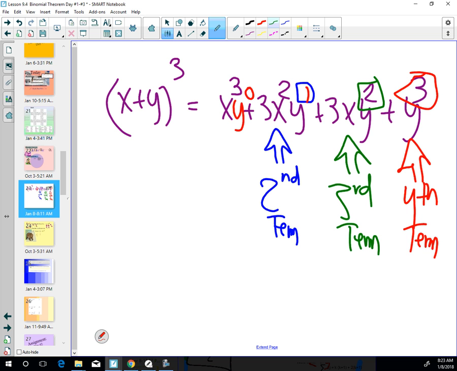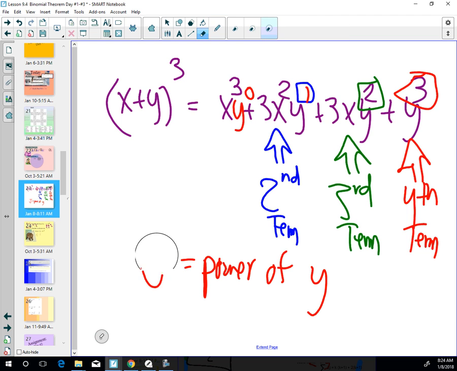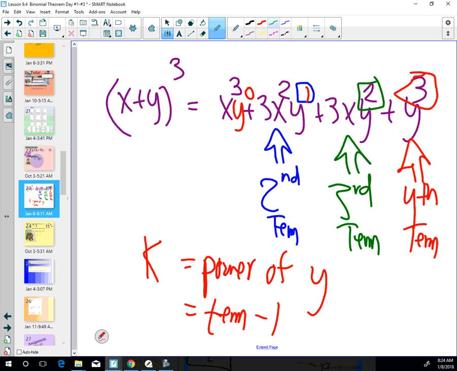The reason is that it starts out with 0, 1, 2, 3. The power of y we're going to call k. The k value, the power of y, is the term that we're on minus 1.